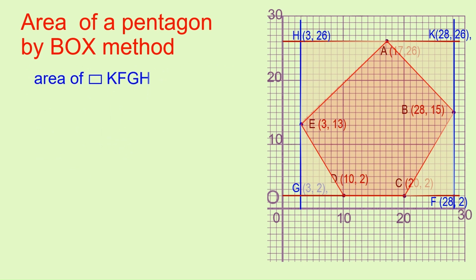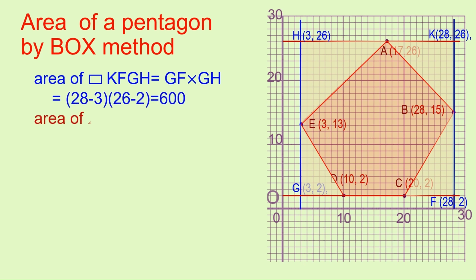Area of rectangle KFGH equals GF times GH equals (28 minus 3) times (26 minus 2) equals 600.